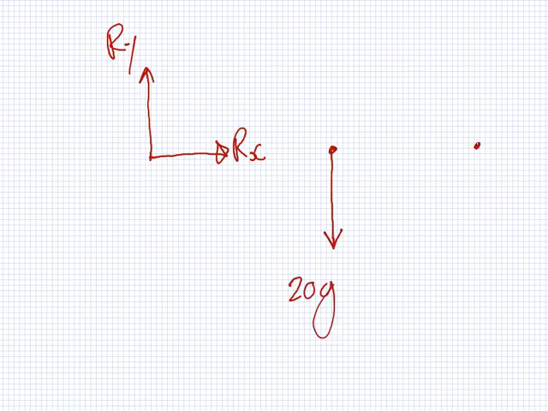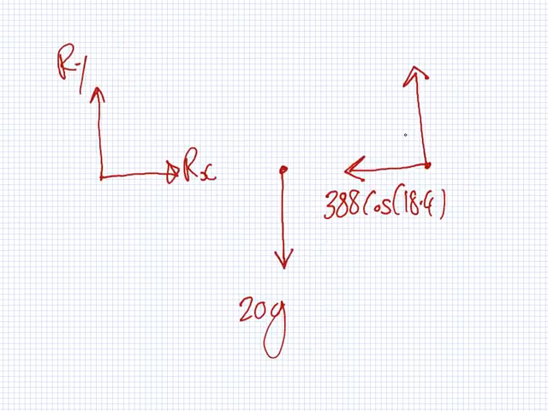And then this is T cos, and this one is T sine. Now what's the T? 388. And what's the angle? 18.4. And then here, this is T sine.